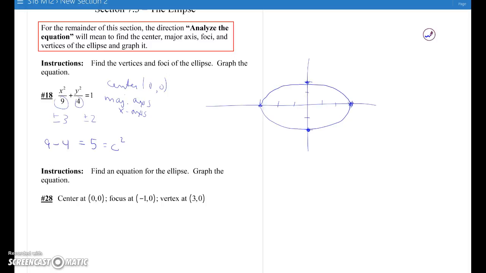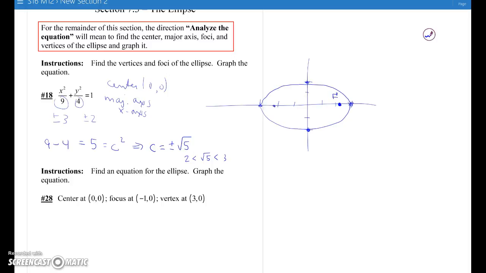And that equals c squared, so that means c equals plus or minus the square root of 5. So that's between 2 and 3, right? A little closer to 2 than to 3, because 2 squared is 4, 3 squared is 9. So it's a little more than 2. So we go a little more than 2, and here's a focus point.